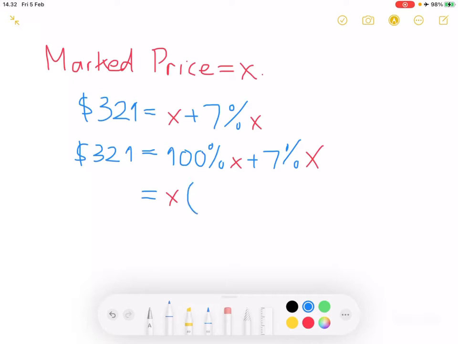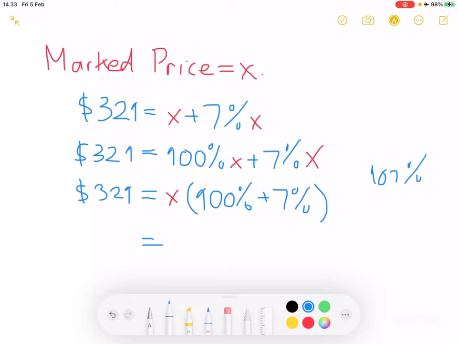So we're left with X times the parentheses 100% plus 7%, like here. And we can just quickly notice that 100% plus 7% is just 107%. However, we can just rewrite this as 107 over 100. So we'll just rewrite this. There we go.